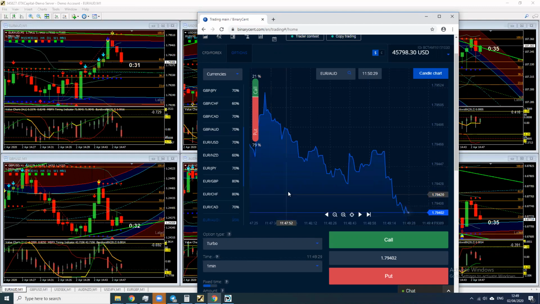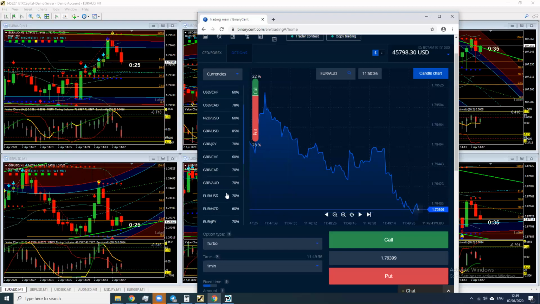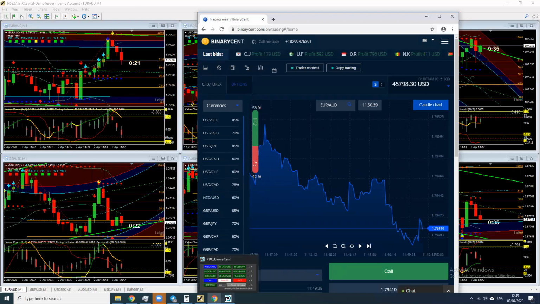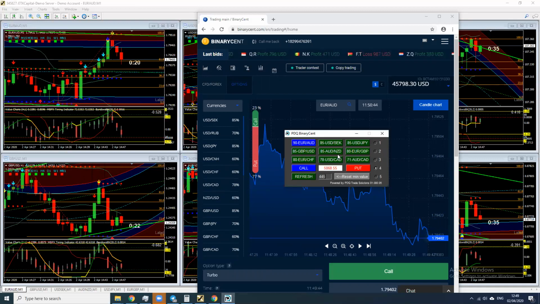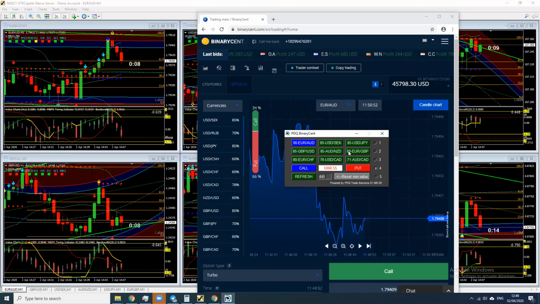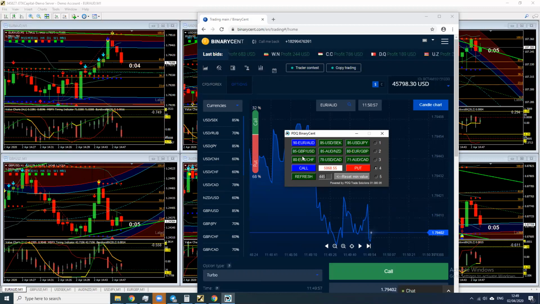Now, Binary Cent. The important thing is what are the returns that a broker gives you? Okay, you need a broker who will give you good size returns, ideally 85 to 90% on at least 6, or 80 to 90% on at least 6 or more pairs at any one time.